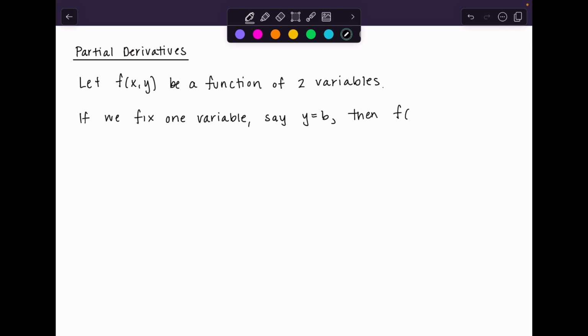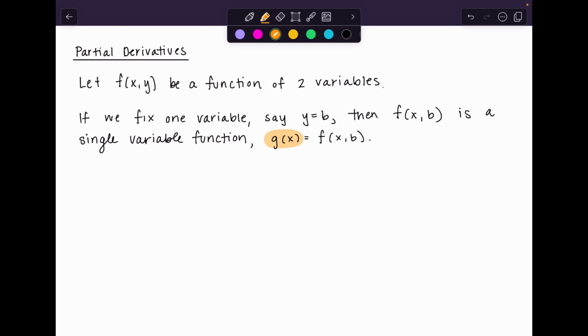Then the function where we replace y by b is now a single variable function. x is the only thing that changes. y is fixed to be a constant. So because of that, we're going to call this g of x. It is only dependent upon x now because y is fixed.